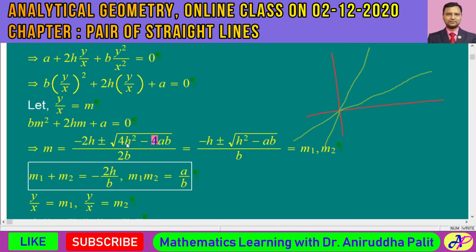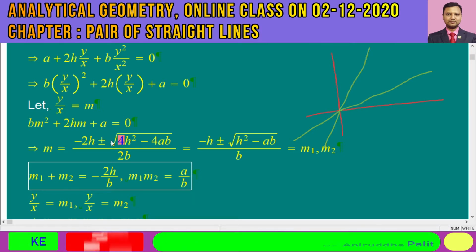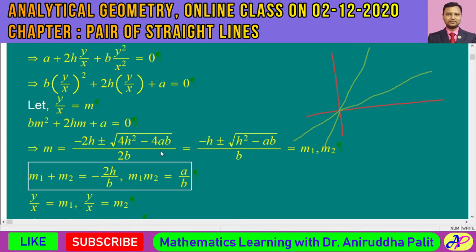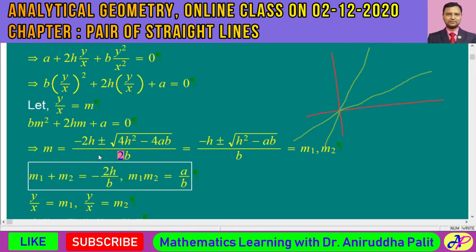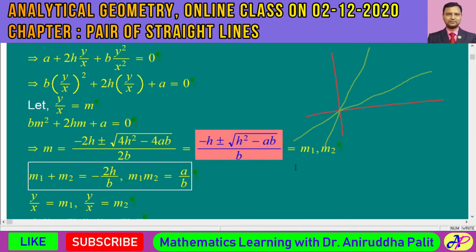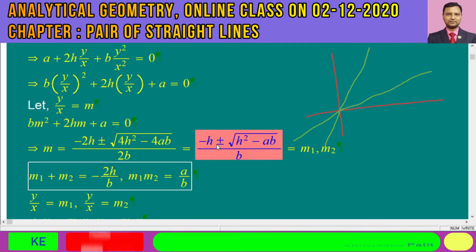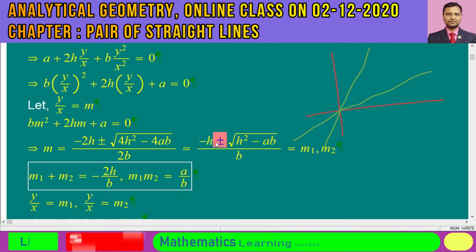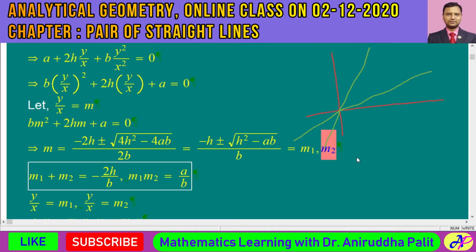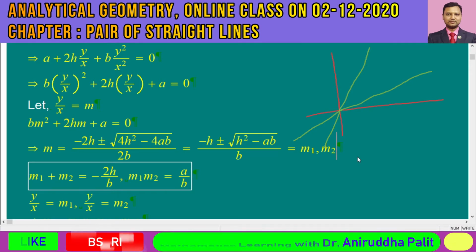So we can take this 4 common, and if this 4 is taken outside the square root symbol, in that case it would be 2, and these 2 would get cancelled with these 2 and these 2. Altogether we can cancel all these 2, and ultimately we would have this type of result. Suppose for the positive sign we call it m1, and for the negative sign we call the value m2. Okay, and there is a standard result regarding the roots of a second degree equation.